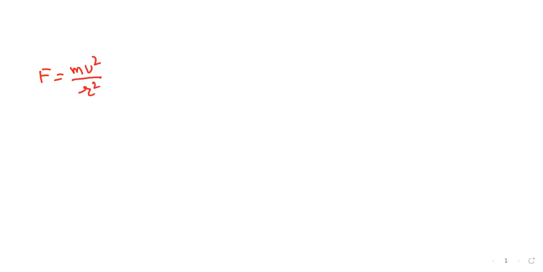And what is the velocity? The velocity is just the square root of F times r squared upon m, because I'm just pulling this r squared to the right hand side and m over, and I'm just getting the square root.